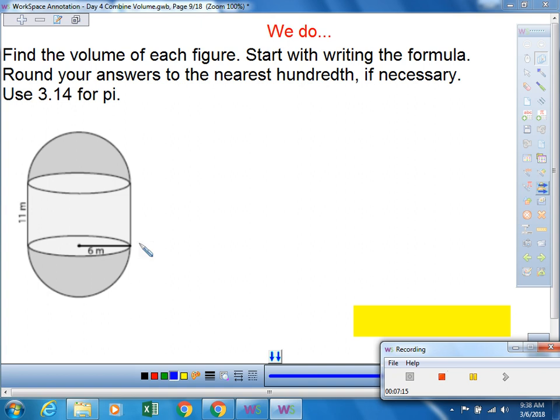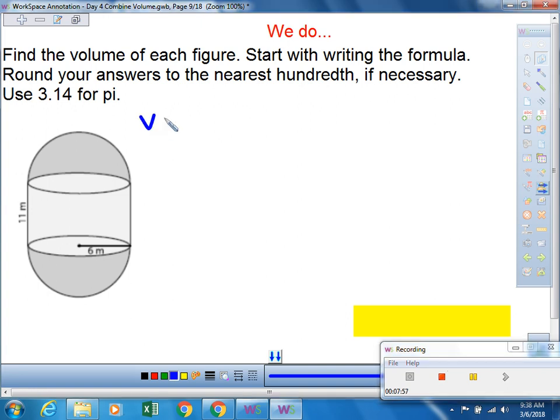Okay, so a hemisphere and cylinder and another hemisphere. So what is a hemisphere and a hemisphere? A full sphere, right? So since it's all the same, we can just calculate one sphere and one cylinder.